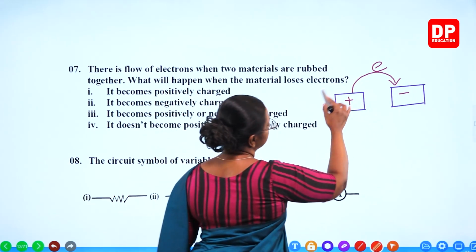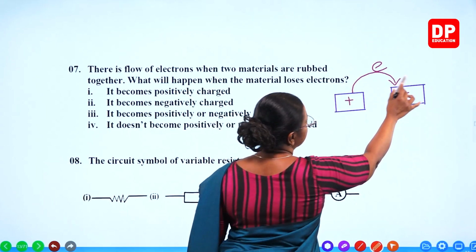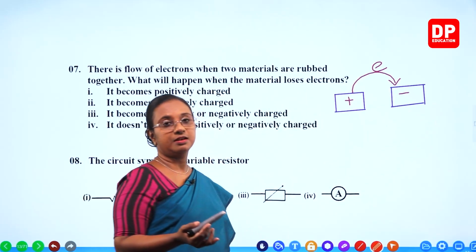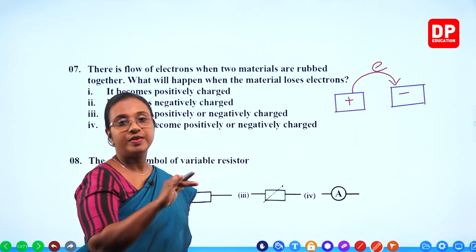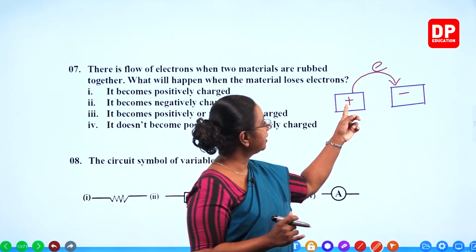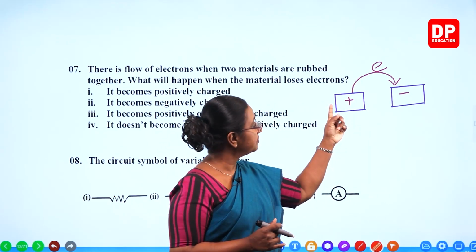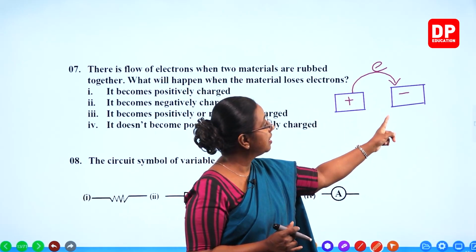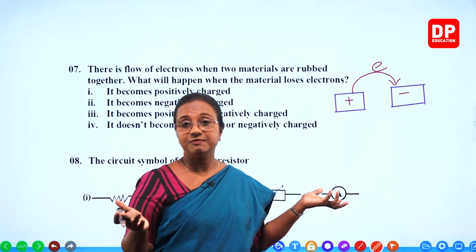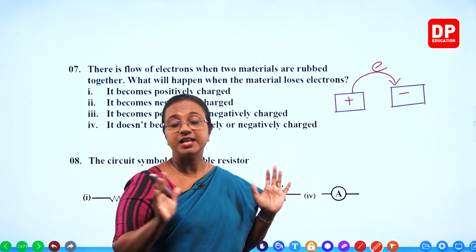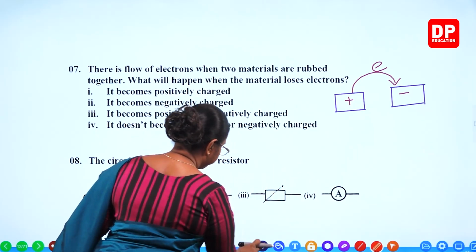Say if this is one object and this is a cotton material or sheet of polythene. So when you rub it, if the electrons flow from the object to the material, then object gets positively charged, material gets negatively charged. So that is how it happens.